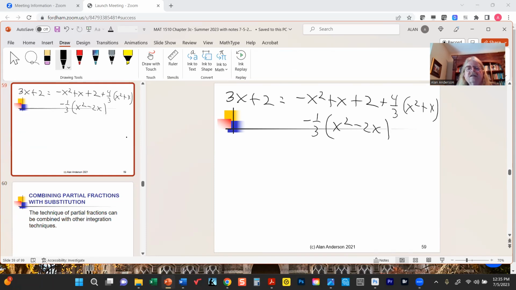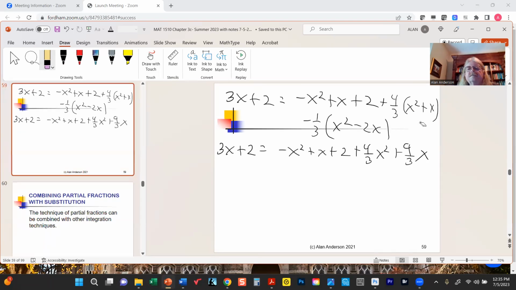All right, so now we can start doing some consolidation. All right, so let's gather up all the terms with the x squares.